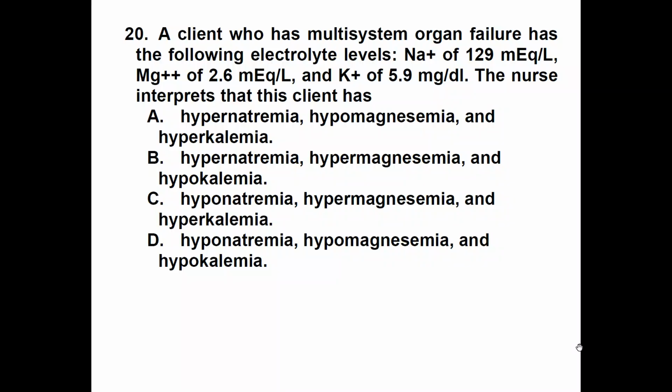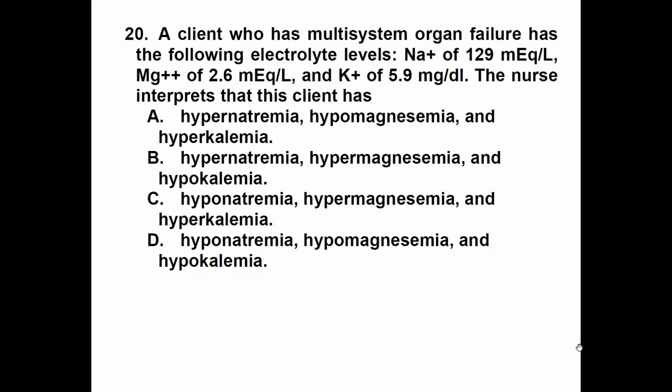20. A client with multi-system organ failure has the following electrolytes: sodium of 129, magnesium 26, potassium 5.9. The nurse interprets that this client has hypernatremia, hypermagnesemia, and hyperkalemia; hypernatremia, hypermagnesemia, and hypokalemia; hyponatremia, hypermagnesemia, and hyperkalemia; or hyponatremia, hypermagnesemia, and hypokalemia.